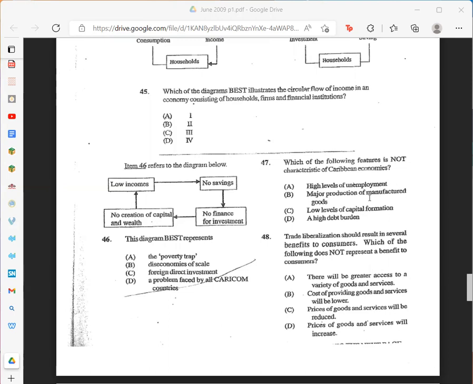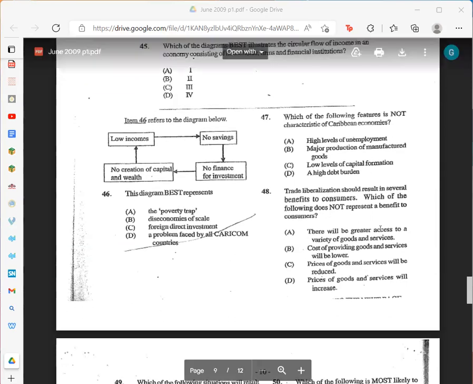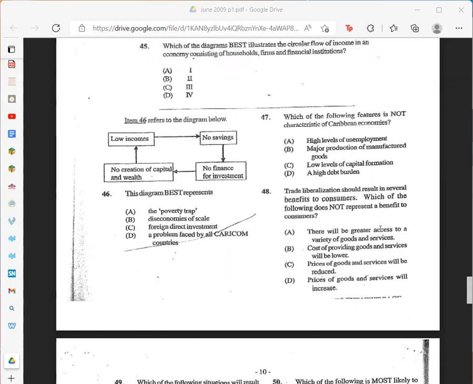So 47, it is B. They're not major producers of manufactured goods, maybe with the exception of Trinidad and to some extent Jamaica. And Guyana is trying to get there, but all three of them are not really on some big grand scale, even if, right?